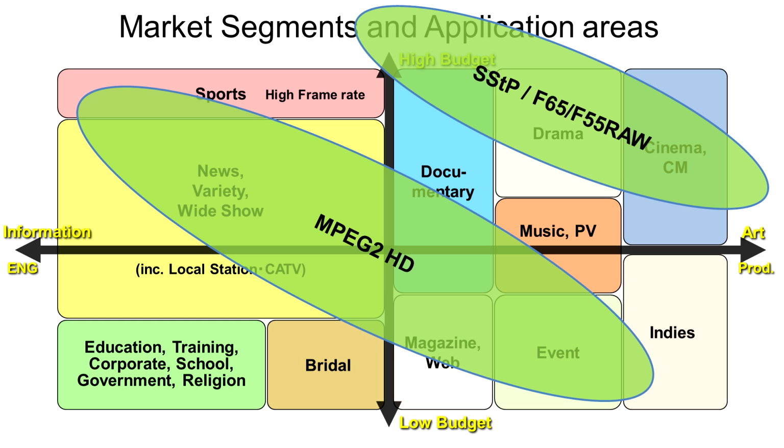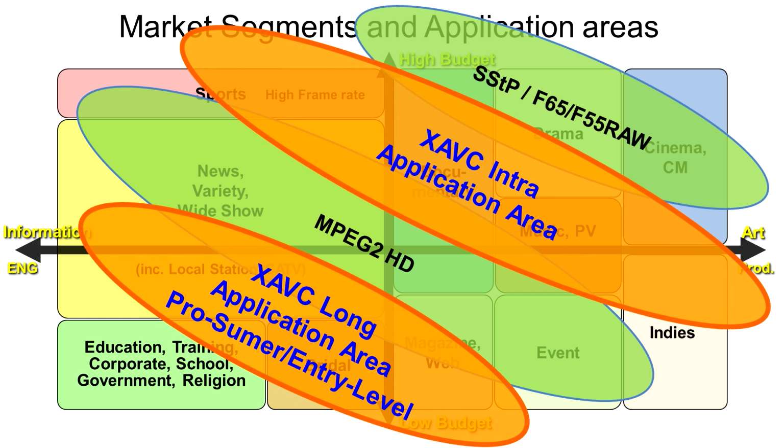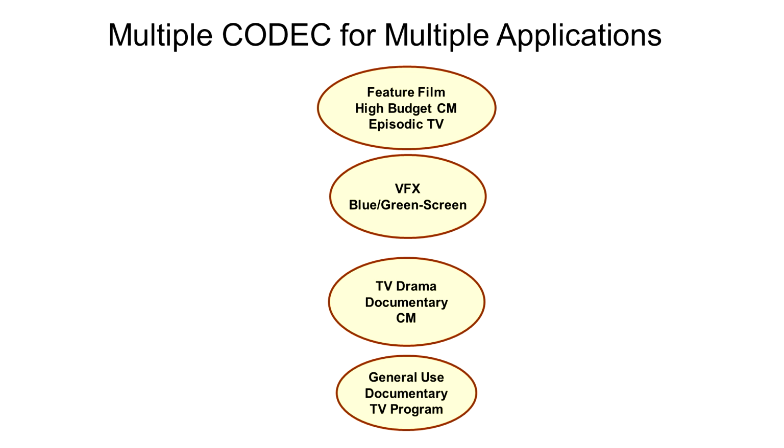And for the bulk of program production, broadcast production, and even prosumer applications, we were employing MPEG2 in high definition form. Now, with the introduction of XAVC, we're going to complement these previous codecs, allowing us to create new efficiencies as we approach very high levels of picture quality and data rate, or reduce the data rate and enhance the picture quality as we move to the prosumer and consumer levels.